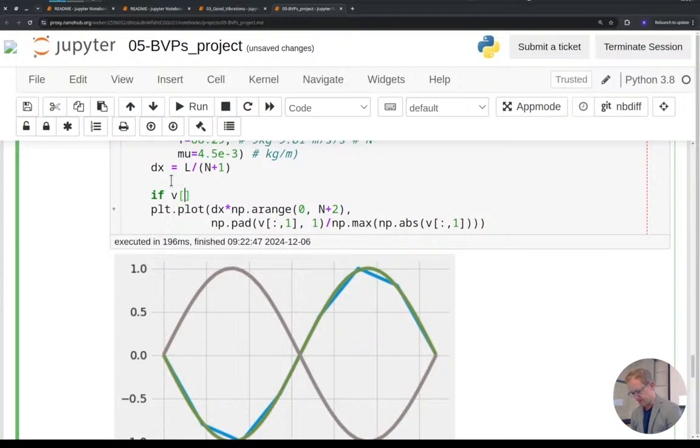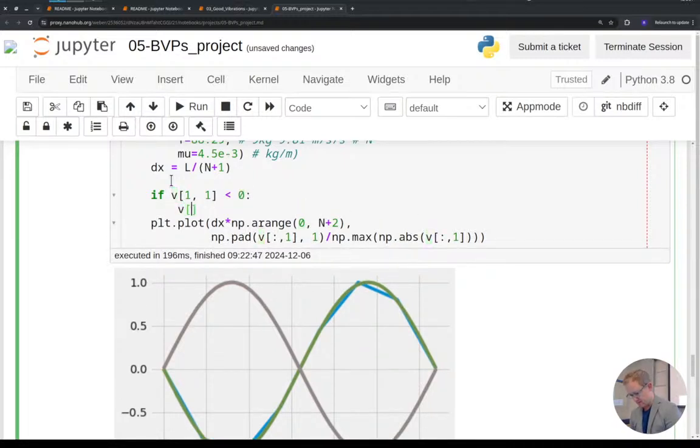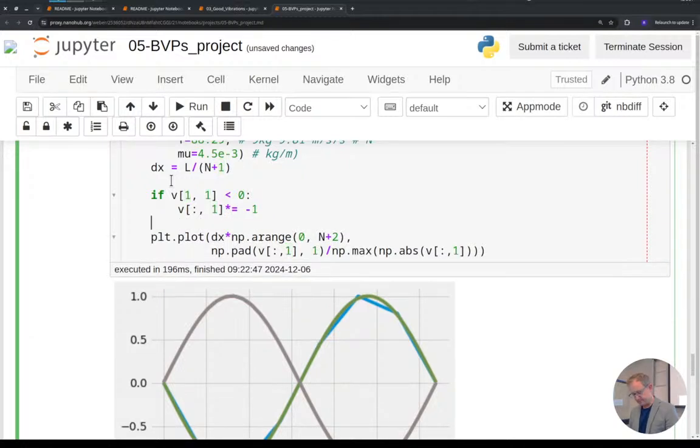So if v1 comma 1 is less than 0, I'm going to try that and say if this first node is less than 0, so if it's going down, I'm going to multiply the whole eigenvector by -1, just so that everything is always starting off as a positive slope.